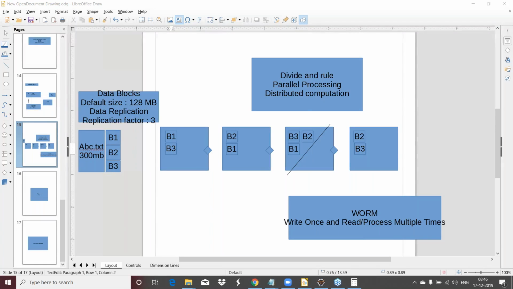If you want to go ahead with commodity hardware, you can always go ahead with that. Hadoop will not say no to it, and at the same time, it will give you the reliability as well. But organizations are going to be more and more concerned about the reliability of your data, so they will always be going for the proper configuration of machines.